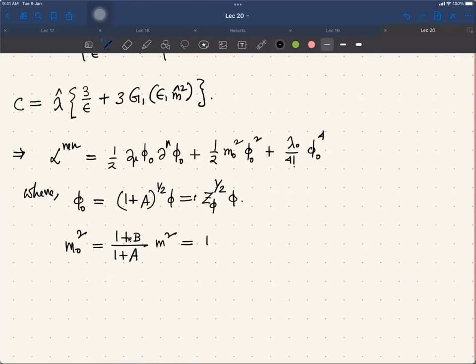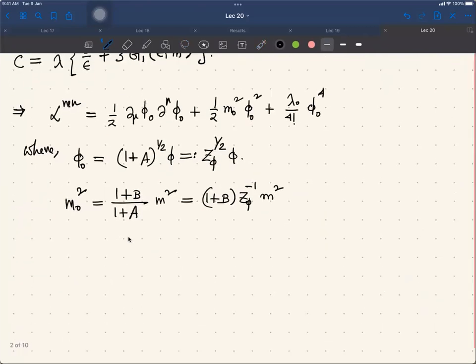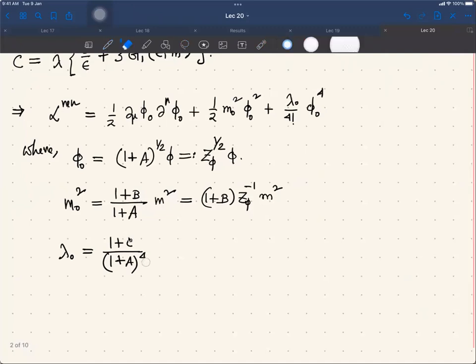In other words, 1 plus b times Z phi to the power minus 1 times m square. Similarly, lambda 0 is given by 1 plus c divided by 1 plus a whole square, because this term has phi to the power 4, two powers of phi extra. So then there is 1 plus a whole square times lambda mu to the power epsilon, which is the same as 1 plus c times Z phi to the minus 2 times lambda mu to the epsilon.